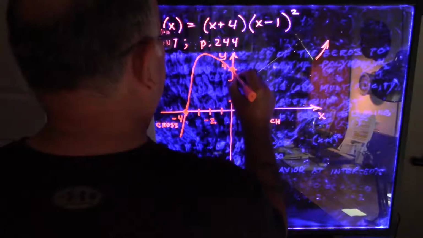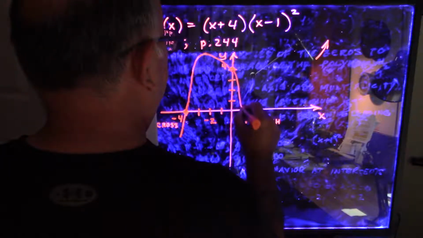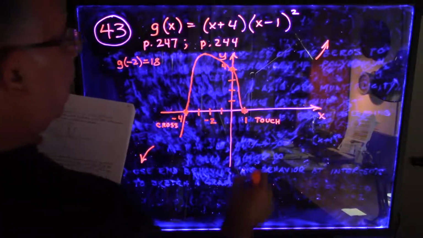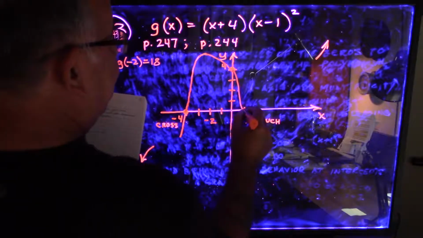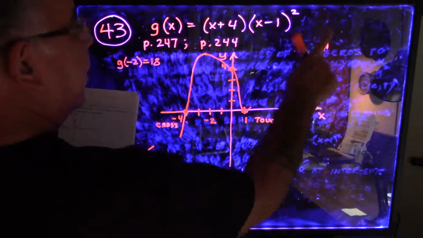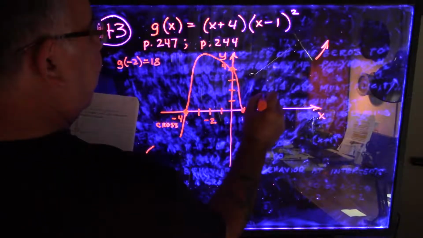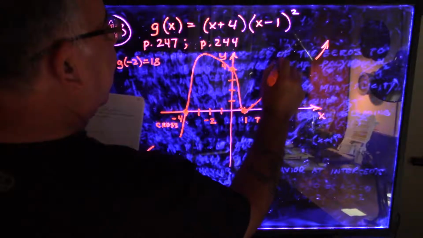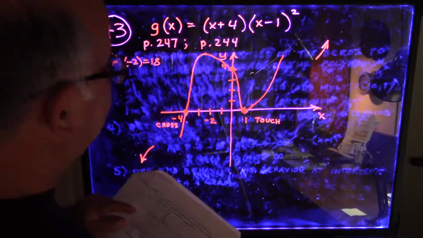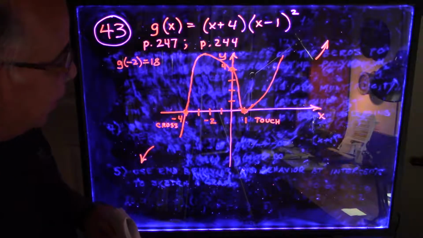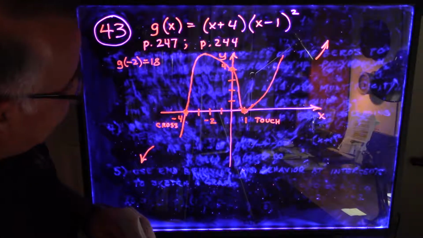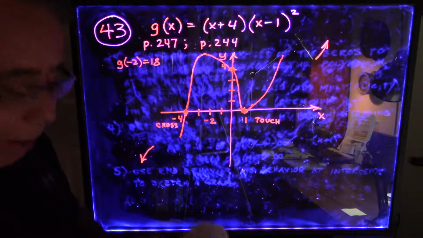And then it's got to come down and touch here, right there. And it bounces off, so to speak, and then it's going to go up. So that's a terrible graph, but hey, that's better than a blank sheet of paper, right? So that kind of gives us a general idea of what the graph looks like.